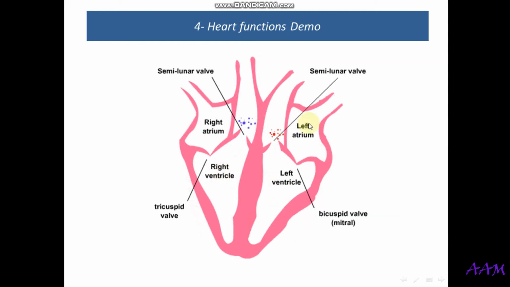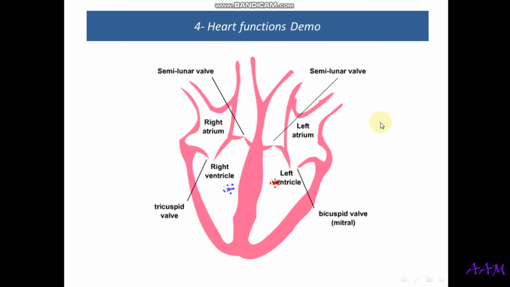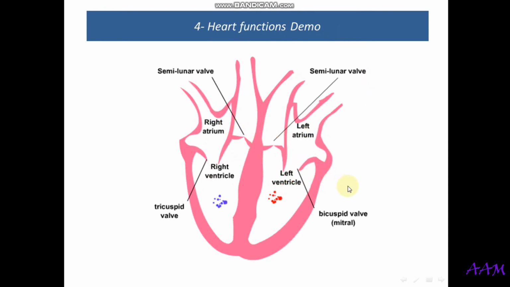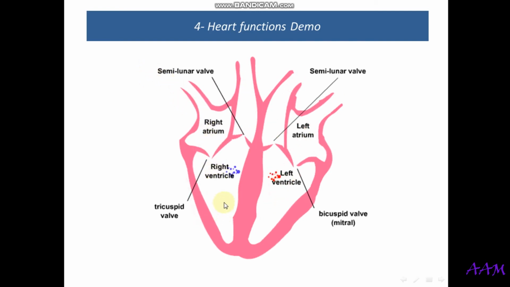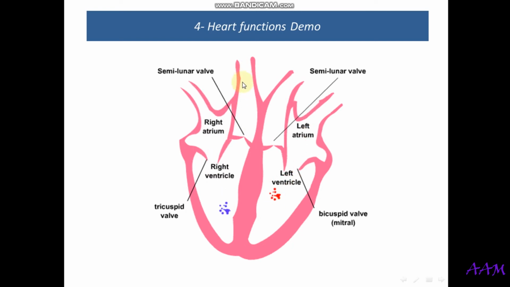And this is the dynamic heart function demo. This is how it works. Do you see that? Look: relaxing, contraction, relaxing, contraction. When it's relaxed, deoxygenated blood comes here, and when it contracts, it pushes it to the lungs to get oxygenated.